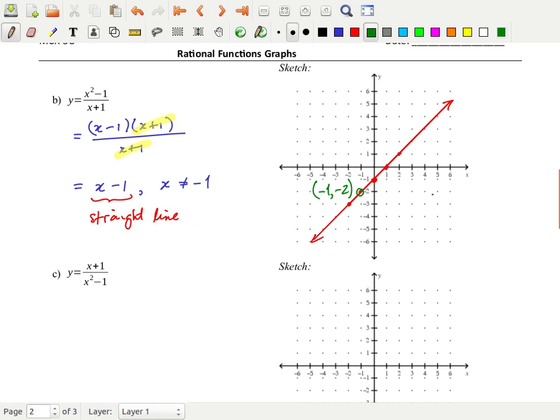But if I wanted to calculate it, with my hole at x equals -1, then y equals x minus 1, and we would just sub in that -1. And we, of course, end up with a y coordinate of -2, which is where that hole is.